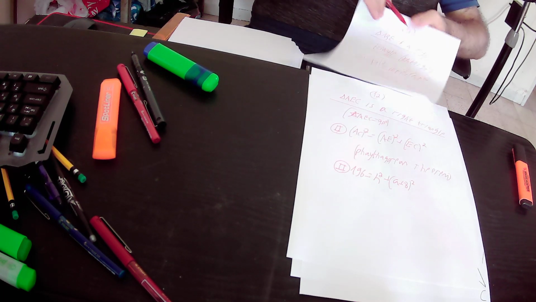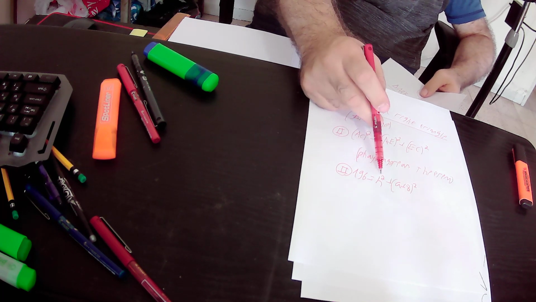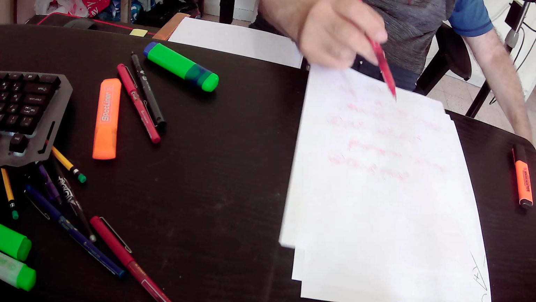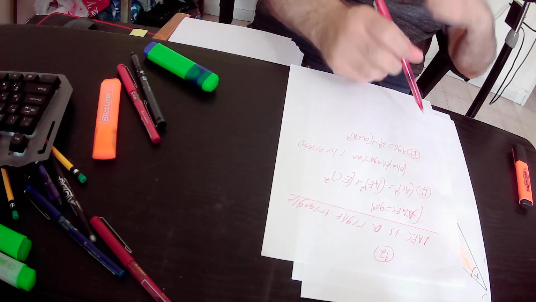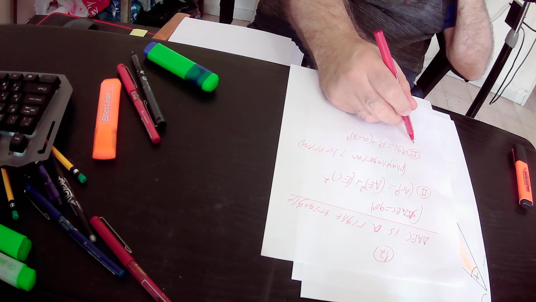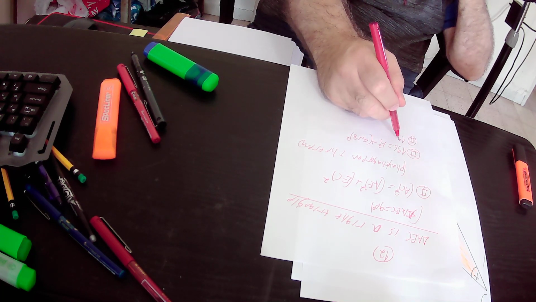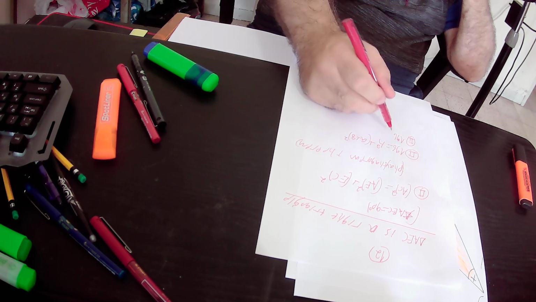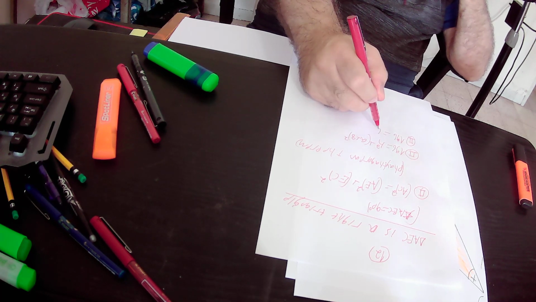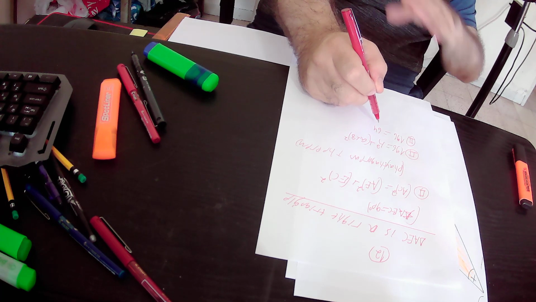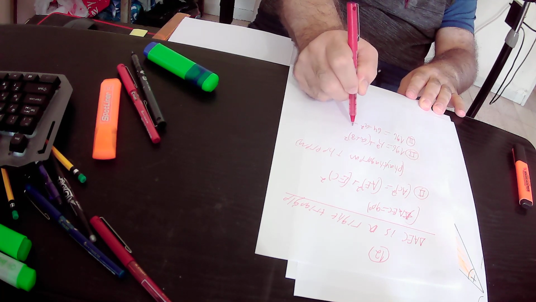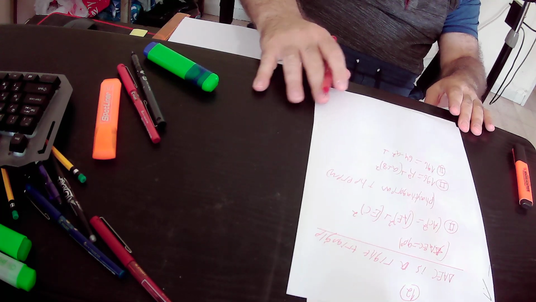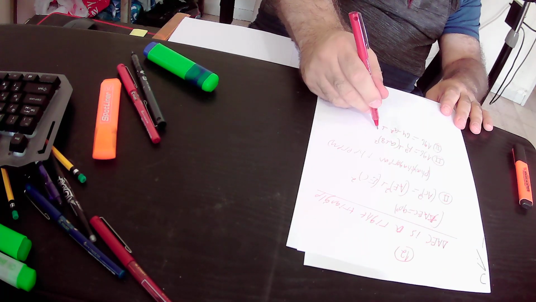So we can substitute H squared in equation number 2 by 64 minus A squared. So 196 equals 64 minus A squared plus A plus 8 squared.